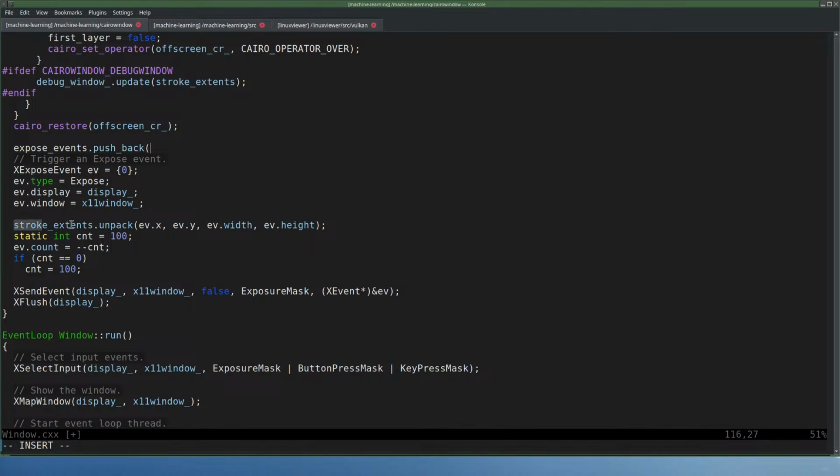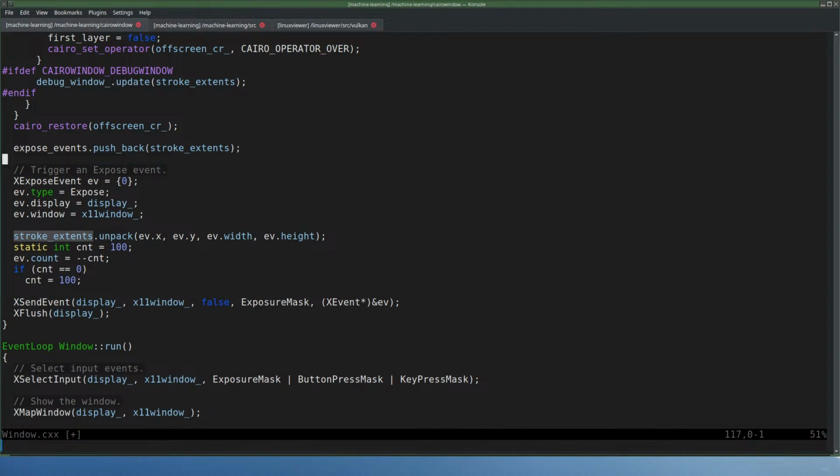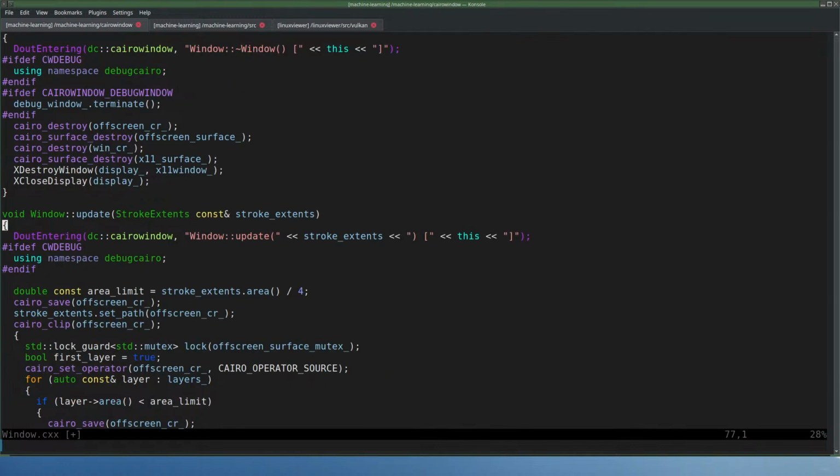Store all my stroke events. And then we need a new boolean, I think. Boolean send expose events.